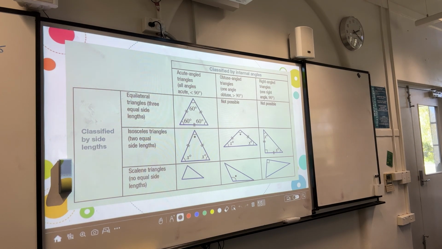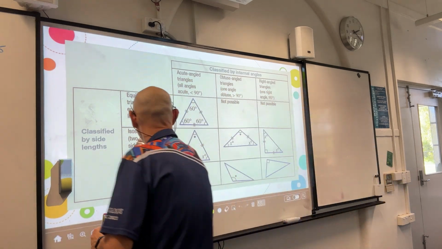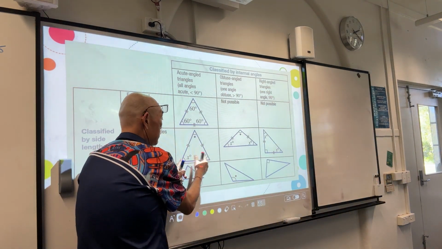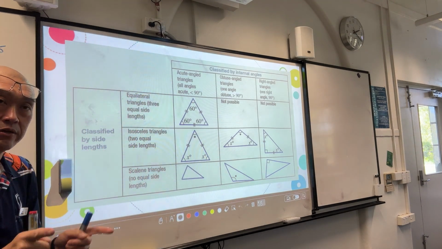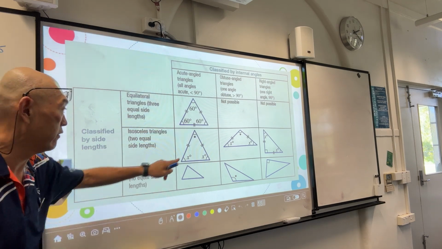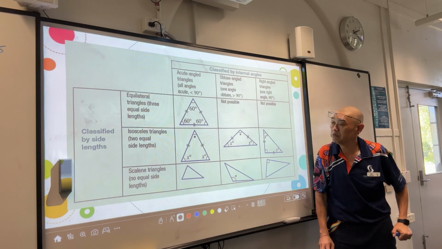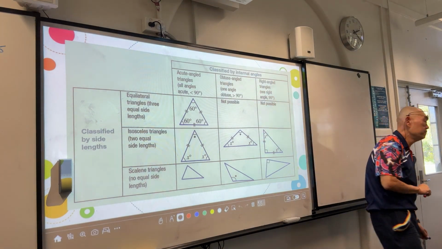Now, only dealing with 2Ds, you need to know that for an isosceles triangle, the base angles are the same. Wording: base angles of an isosceles triangle are the same. You could have acute, you can have obtuse, you can have right angle.